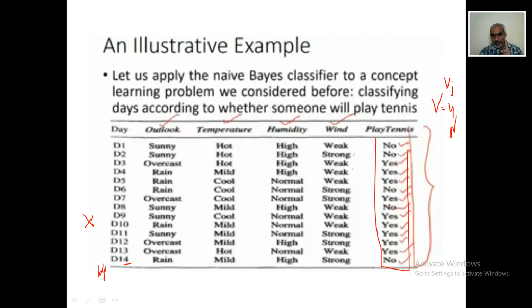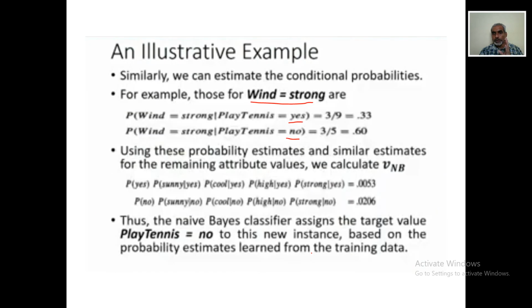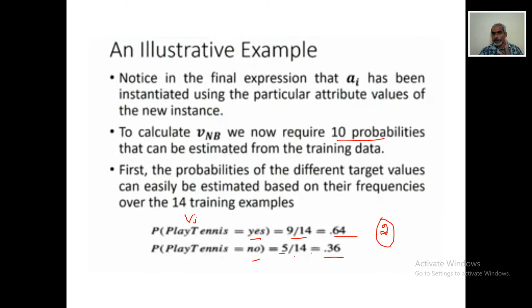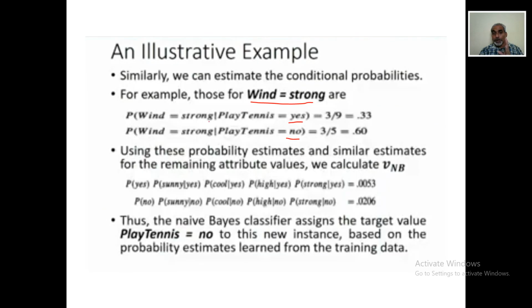You see here 1, 2, 3, 4, 5 and 6. So totally 6 are there, right? So totally 6 wind equal to strong is there. Now probability of strong given yes is equal to 3 divided by 9, right?